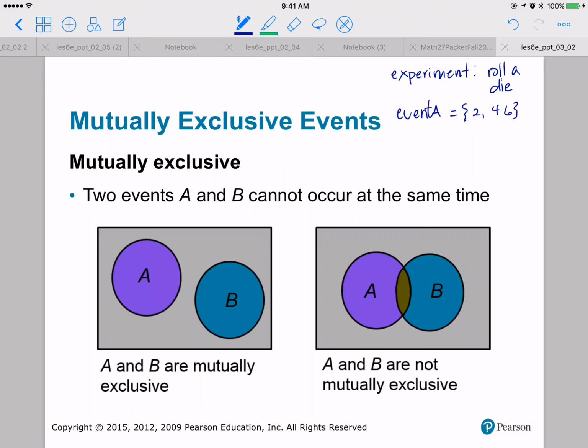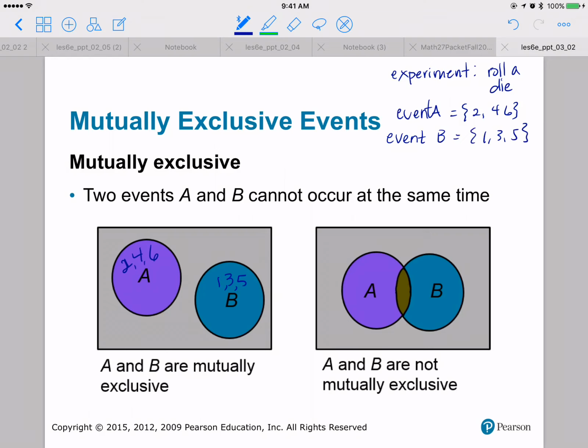Event B is rolling an odd number, 1, 3, 5. There's no way that you can roll an even number and roll an odd number. So in this picture here, we would have 2, 4, 6 over here, 1, 3, 5. And you can see how these events are mutually exclusive.